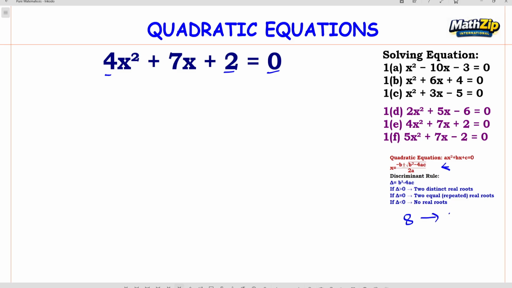So we know 1 times 8 equals 8, and 8 minus 1 becomes 7. Here is a 7. So what is the problem actually?